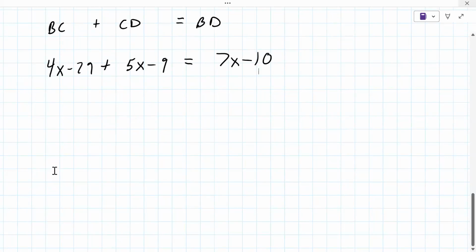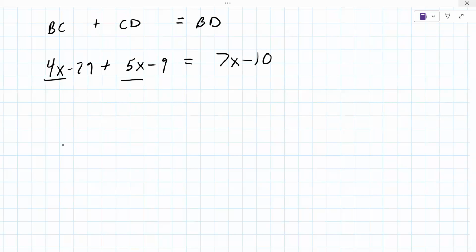Like terms means that they can be combined, just like the previous problem. What are the like terms that you see? 4x and 5x. What does that add up to?